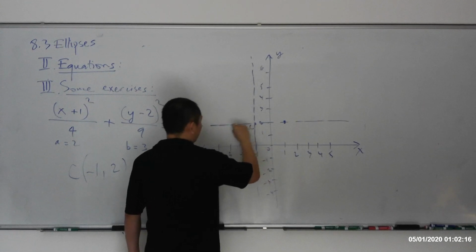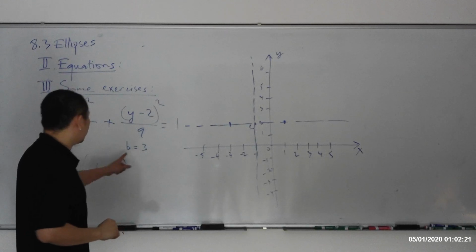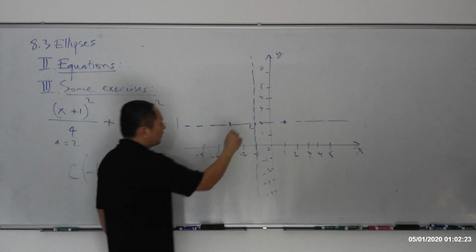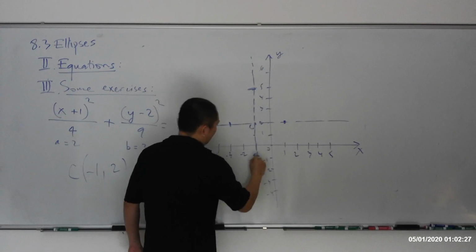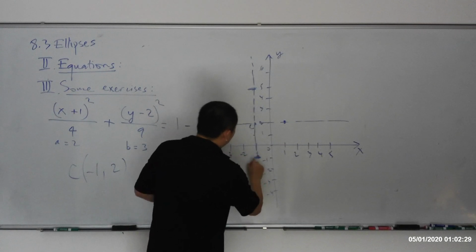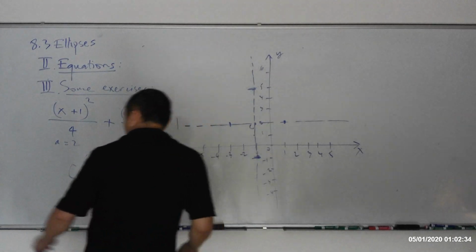Go right 2 units, go left 2 units. From the center, b is 3, so I'm going to go up and down 3 units: 1, 2, 3, 1, 2, 3. And this will be my ellipse. Let me use red color to make it stand out.